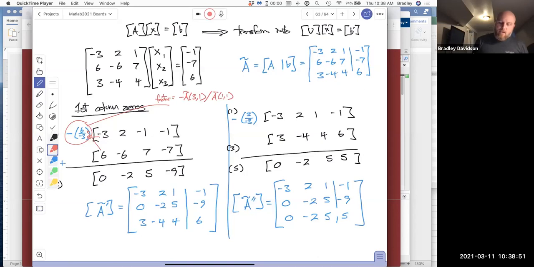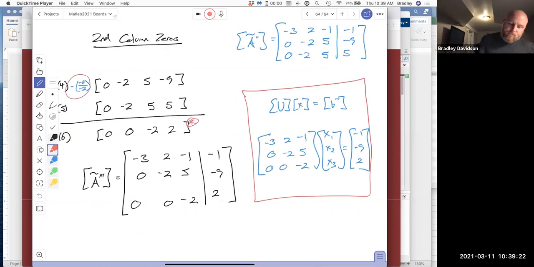Okay, and so there's that factor. This factor is equal to negative a tilde prime of 3, 2, and then dividing that by a tilde prime, and the index is 2, 2. And then the factor for our last one is our a tilde double prime.